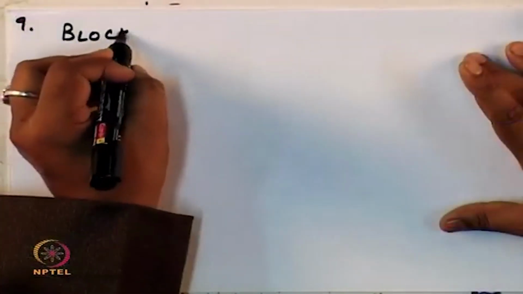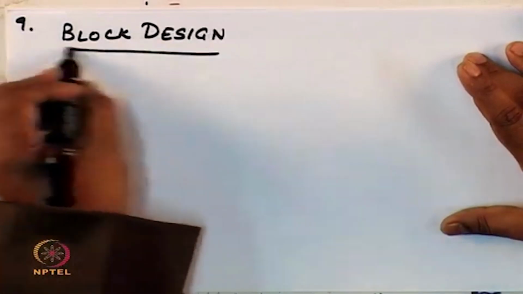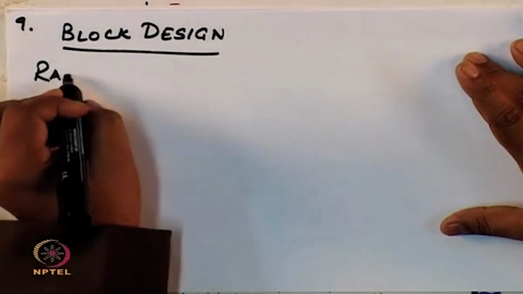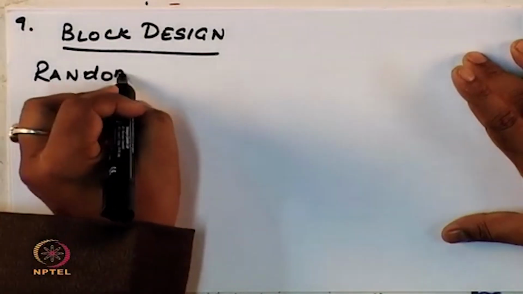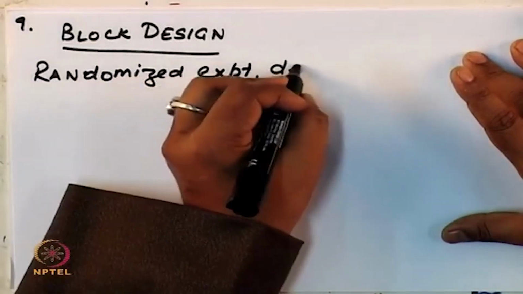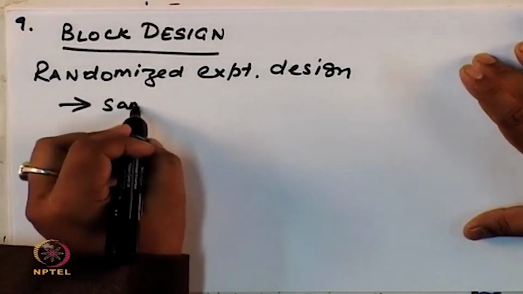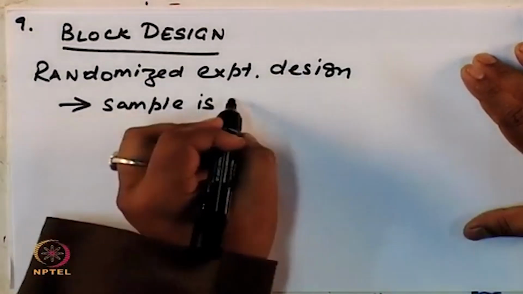For the remaining time today, I will discuss one other concept, which is the concept of block design. When you do randomized experimental design, this works very well when your sample is reasonably homogeneous.